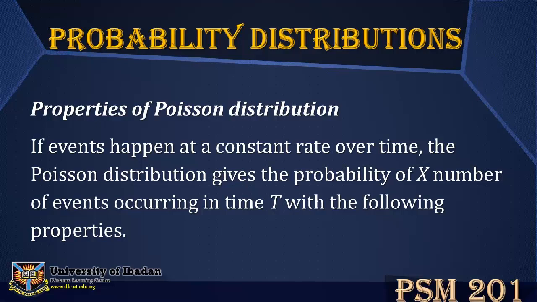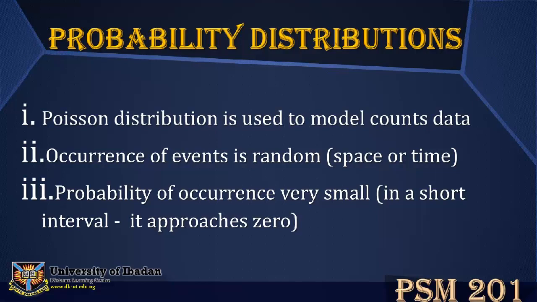Properties of Poisson distribution. If events happen at a constant rate over time, the Poisson distribution gives the probability of X number of events occurring in time t with the following properties. Poisson distribution is used to model count data. Occurrence of events is random in space or time.